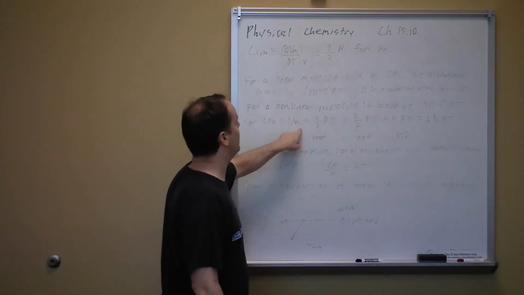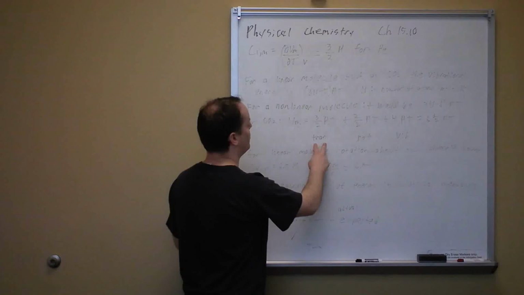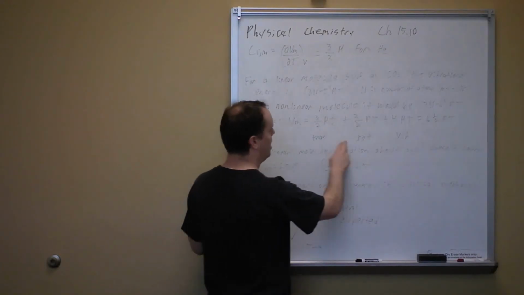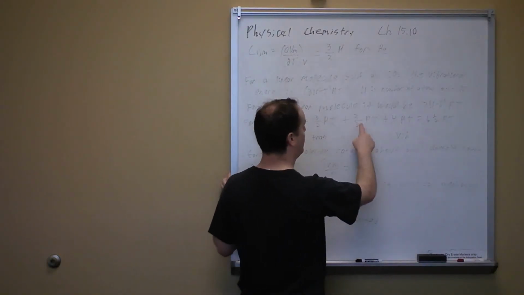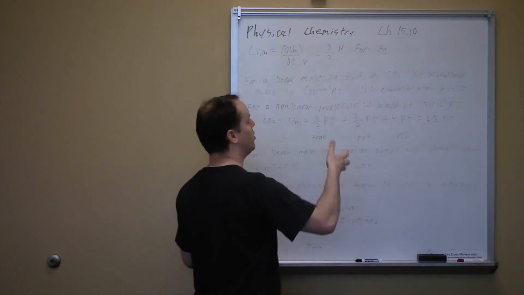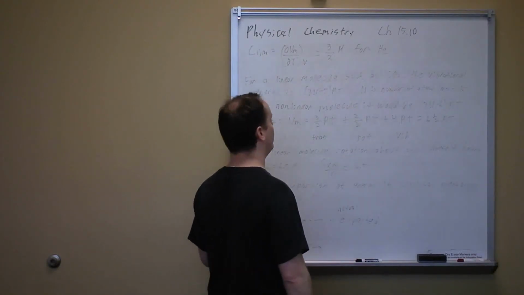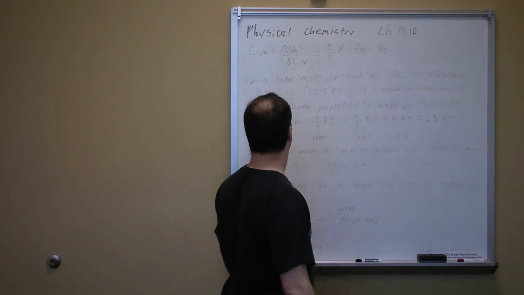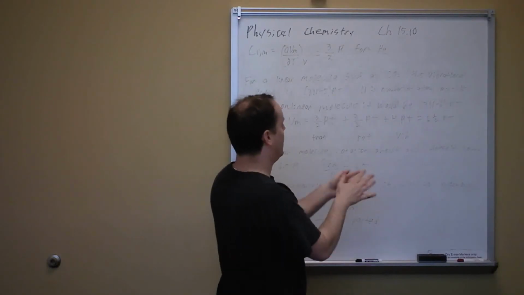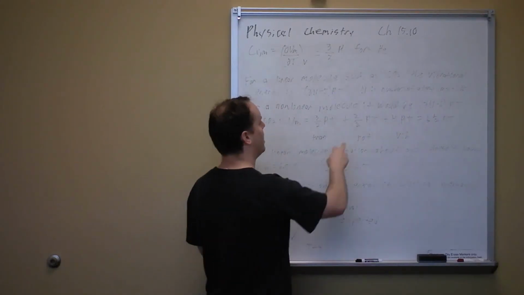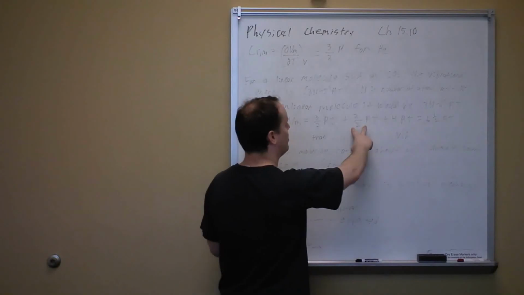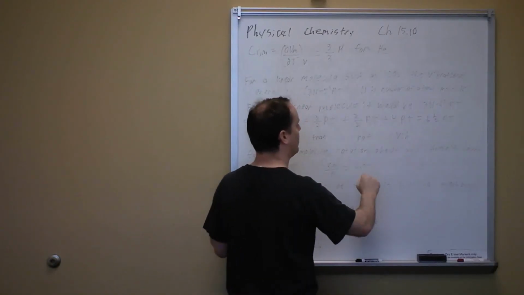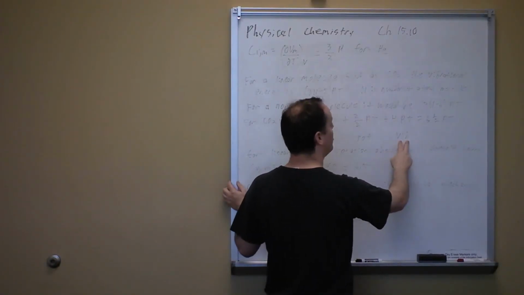So the molar internal energy is just the energy from translation, which is 3/2 RT, plus the energy of rotation, which would be 2 halves RT. Remember, you could rotate in 3 directions, so it should be 3 halves RT, except we have a linear molecule, so rotating about the molecular axis does not count as a degree of freedom because it can't store energy that way. So this is just 2 halves RT. And then, of course, add the vibrational energy.